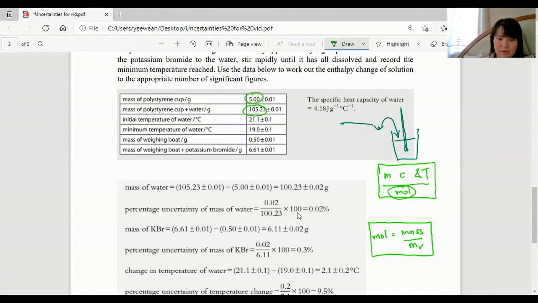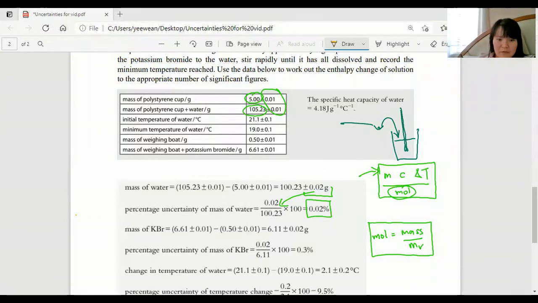So since this is subtraction, we're just going to sum up this uncertainty. So that's the absolute uncertainty. We do need to calculate the percentage of uncertainty because we're going to do some multiplying and dividing later. So convert that to percentage of uncertainty first.